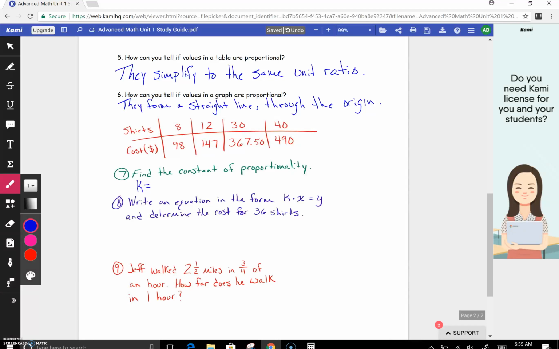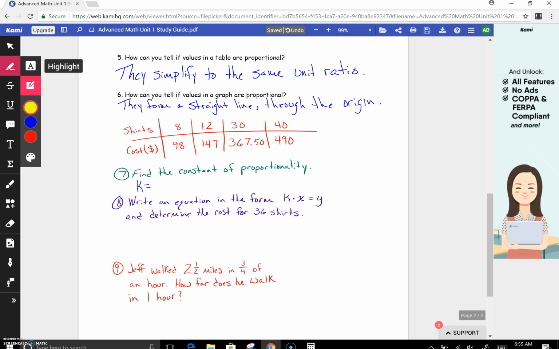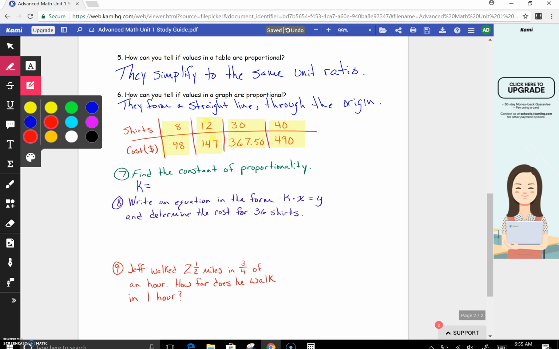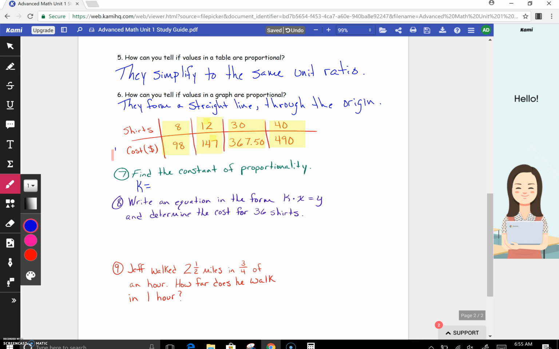In order to do that, you first of all want to make sure the table is proportional. So we're going to set up 4 ratios of y over x. Now if you have money involved, it's usually easiest to make money the y value, the dependent variable.